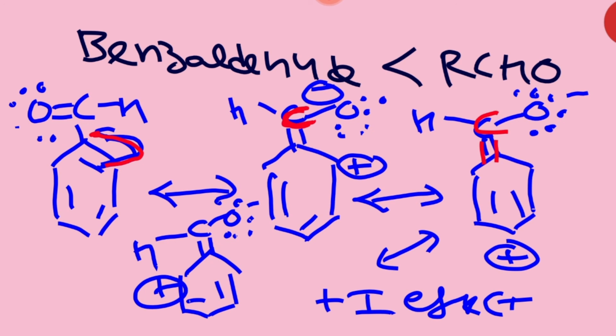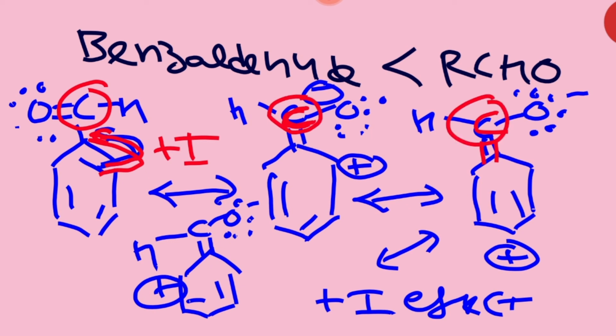Because the ring is showing plus I effect, electron is moving towards the carbon, so on the carbon, positive charge is decreased. Therefore, nucleophilic attack becomes difficult. Therefore, aromatic aldehydes and ketones are less reactive than the aliphatic aldehydes and ketones.